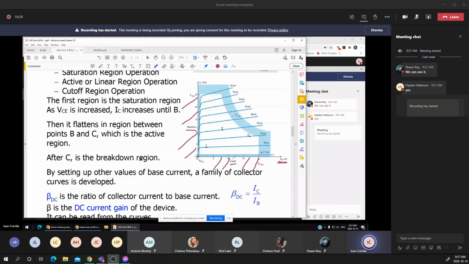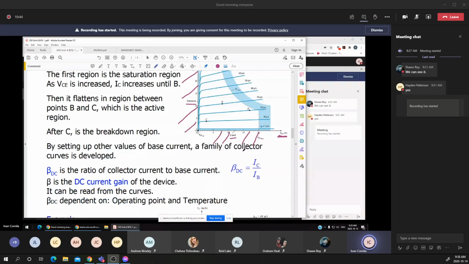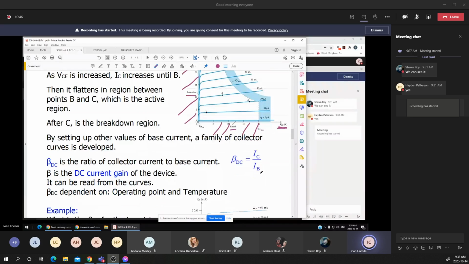I mentioned that most of the time we are not given just a single characteristic, meaning we have a group or family of collector curves which depends on the base current. We mentioned that the relationship between the base current, IB, and the collector current, IC, is through the gain factor, the gain for a DC voltage applied to it.